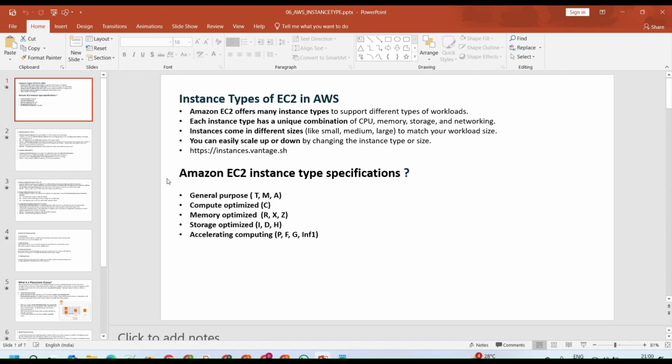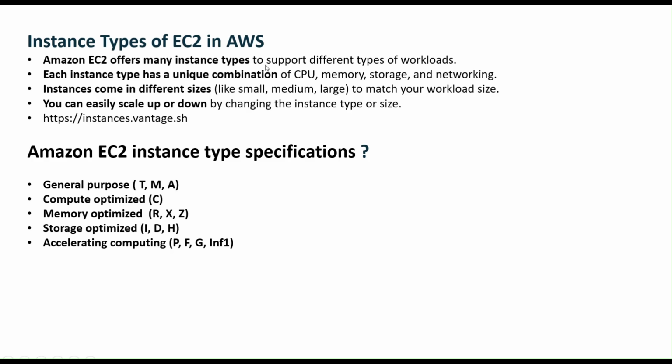Okay, let me open it. So in the instance types of EC2 in AWS, we have different types and features. Amazon EC2 offers many instance types to support different types of workloads.